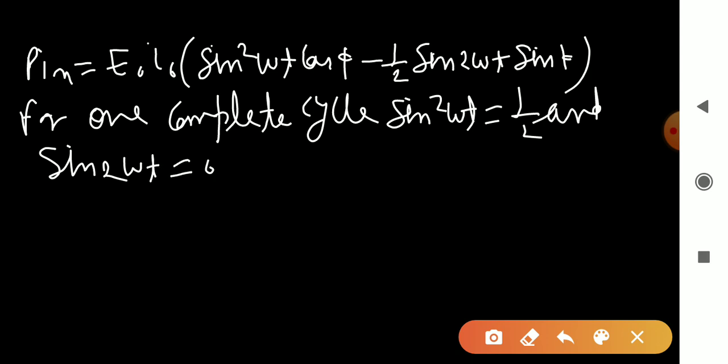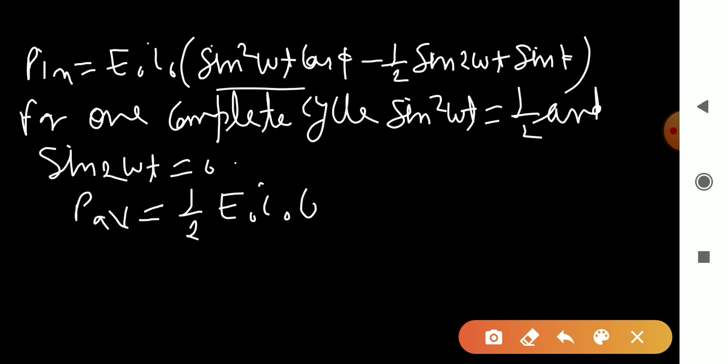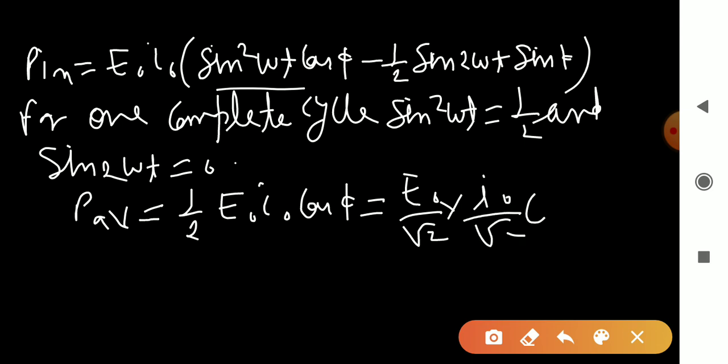So the average power in this circuit is given by, from this equation, 1 by 2 E naught I naught cos phi. P average is 1 by 2 E naught I naught cos phi, or we can write this as E naught by root 2 into I naught by root 2 cos phi.